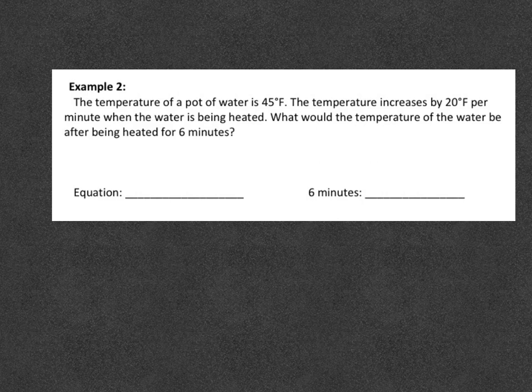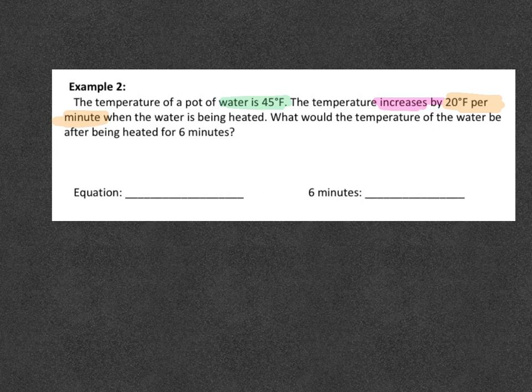If you look at the important information, right now it says the water is 45 degrees. That's our constant starting number. Then it says it's going to increase. Sometimes things decrease, but it's going to increase, and it's going to increase 20 degrees per minute.